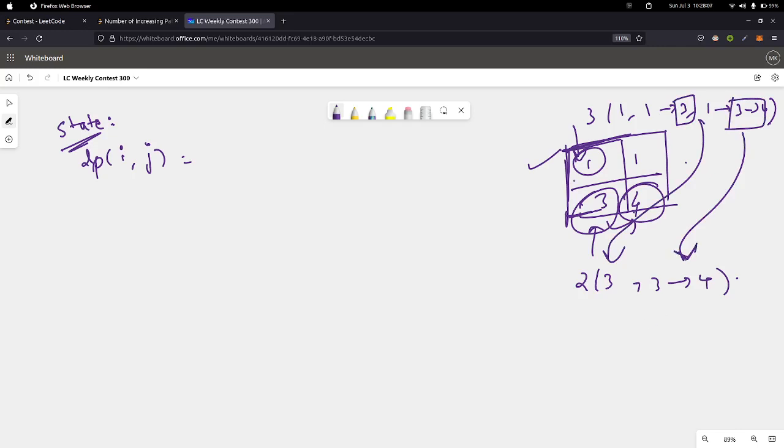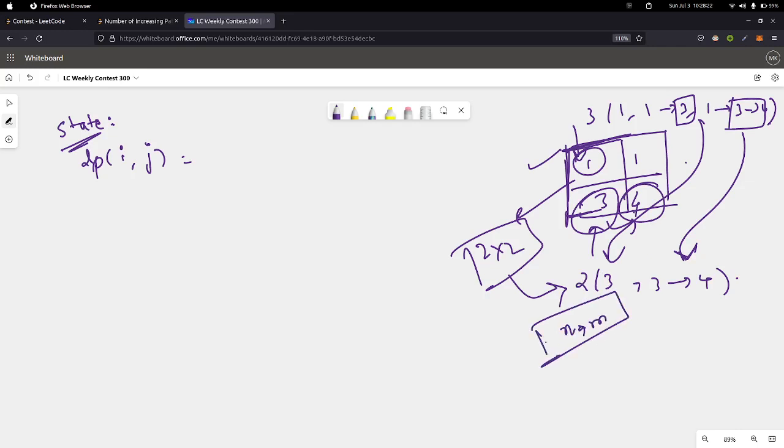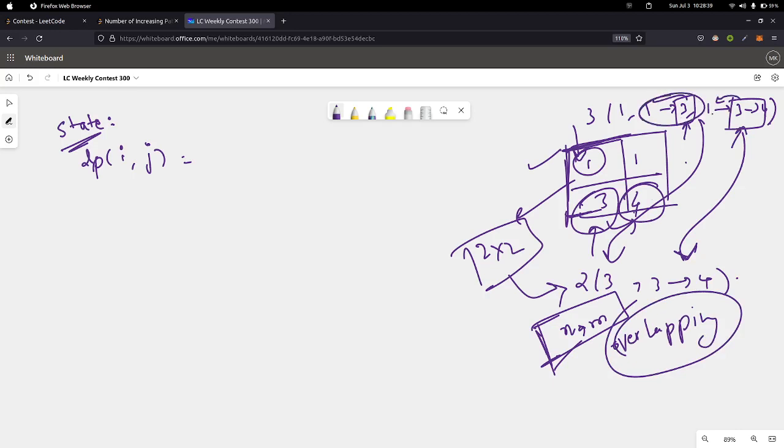So similarly, even for a 2x2 grid, we have identified a recurring subproblem. So for big values of n and m, there will be a lot of overlapping subproblems, not recurring subproblems, overlapping subproblems. So the thing is, if we know the answer to these subproblems, we can find the answer to the whole problem, right? So that's the gist of dynamic programming.